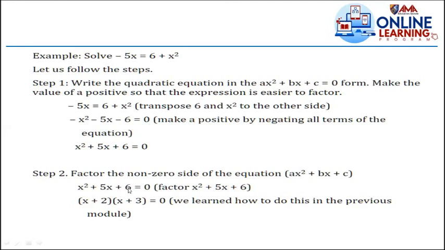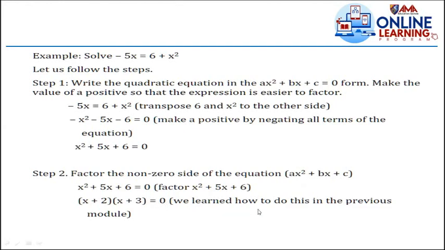And if we add these two numbers, we're going to have a sum of 5. So, yung factor ng 6 is 3 and 2. And if we add 3 and 2, we have 5. So, these are now the factors of x squared plus 5x plus 6 is equal to 0. We have x plus 2 multiplied by x plus 3 is equal to 0.